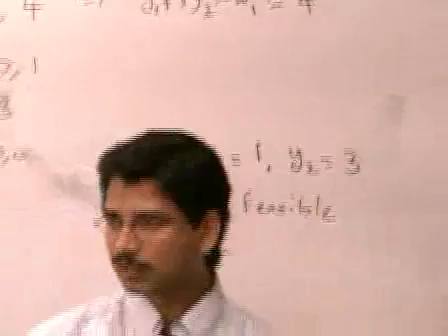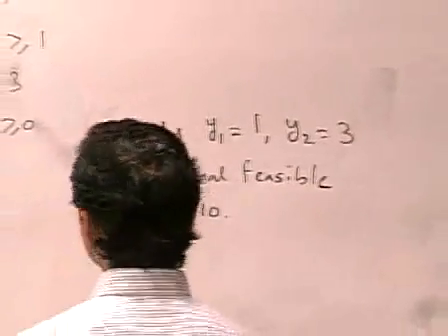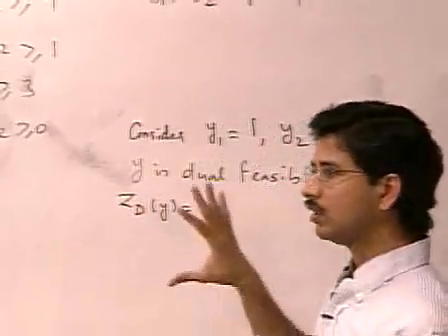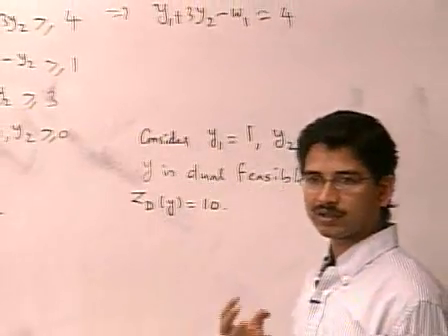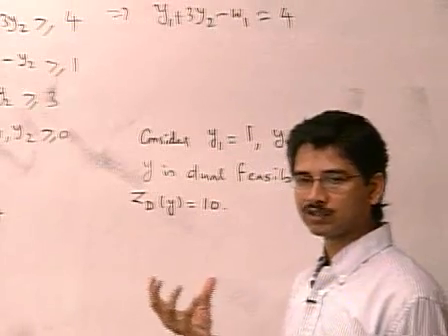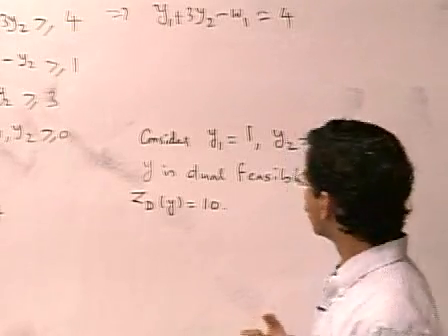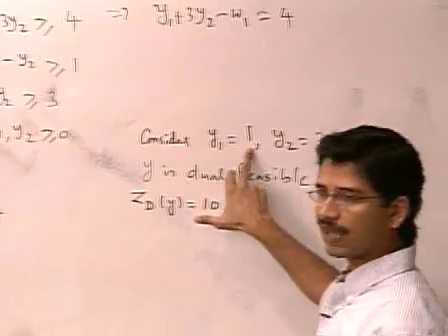Now, suppose we suspect that this is the best possible. Can we use these CS conditions to figure out a primal solution? So let's see what happens. If y1 is 1, then what do I have?